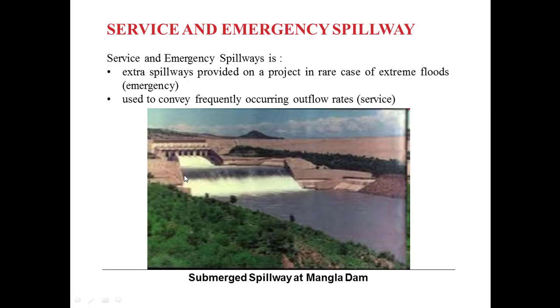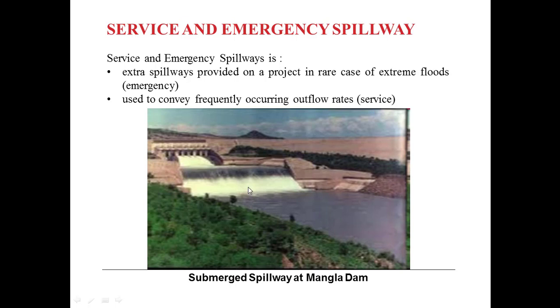The next one is the service and emergency spillway. These types of spillways are constructed as extra capacity on a project in rare cases for strict conditions, and also they are used to handle the occurring outflow rates. This is the picture of the submerged spillway in Bangladesh.